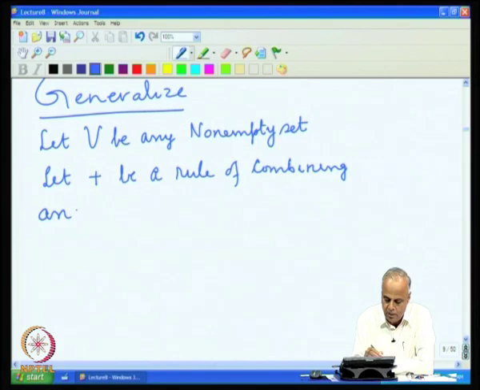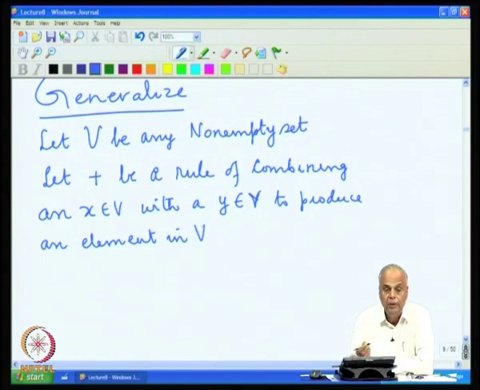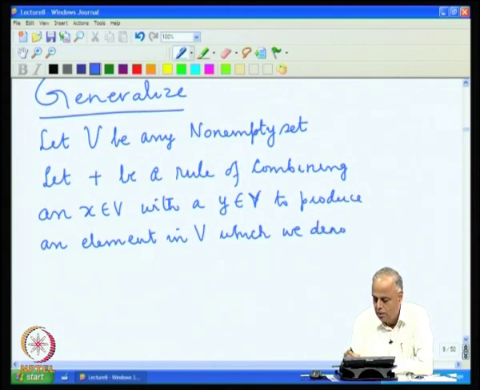an x in V with a y in V to produce an element in V, which we will denote by x plus y.